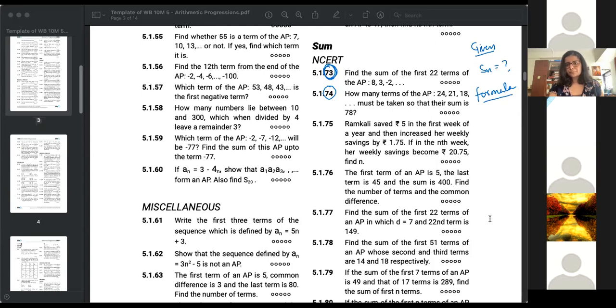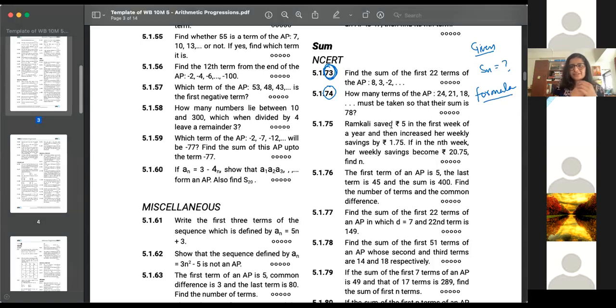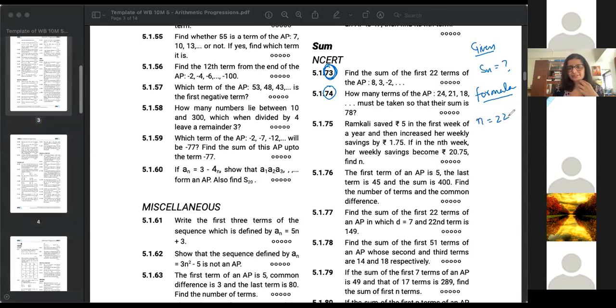Still, it's a big number, no? Anirban, can you let me know how you are solving this? I imagine n as 22. Imagine करने की जरूरत नहीं है. It's given. Take n as 22. Then I'm putting the formula. Then a is equal to 8, yes. And d is minus 5. D is minus 5. यहाँ तक ठीक है, which means the calculation part you need to check, the multiplication, addition, subtraction, if you're doing it correctly or not.